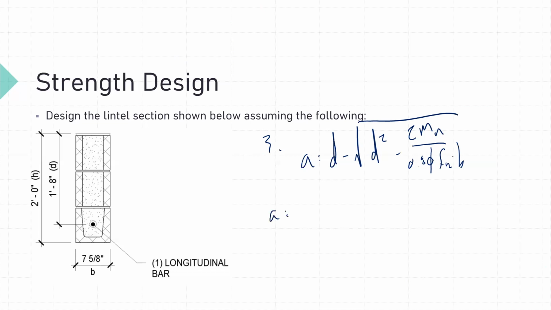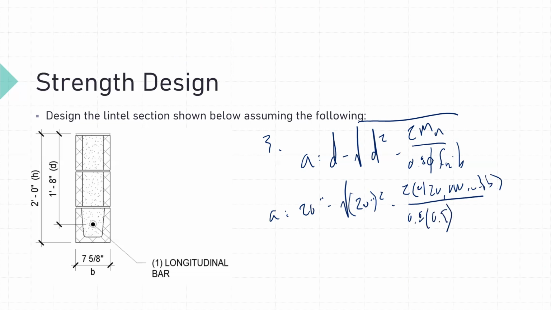So A equals 20 inches minus the square root of 20 inches squared minus 2 times 420,000 inch pounds divided by 0.8 times 0.9, our phi factor, times 2000 PSI, our F prime M, times 7.625 inches, our B, our width of our lintel.